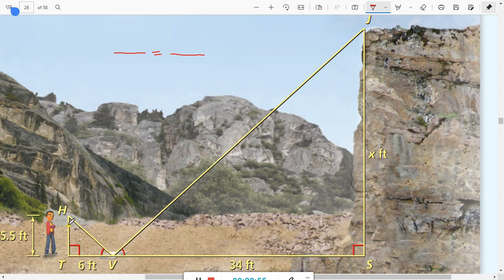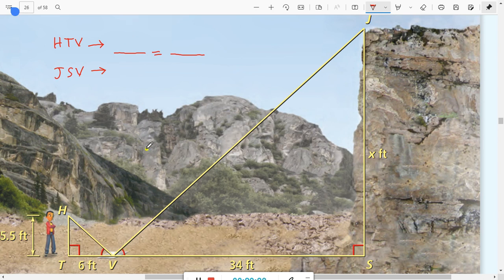So the numerator is going to be the small triangle, HTV. And the denominator is going to be the big triangle, JSV. Okay.